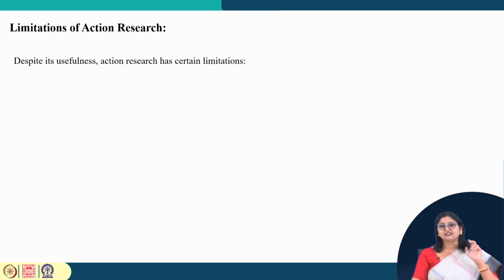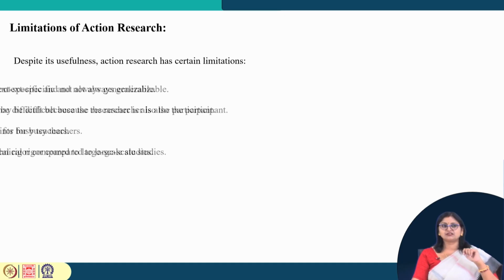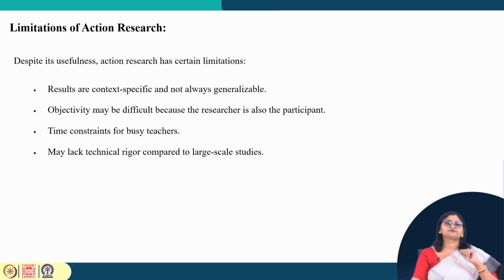So, every research has its limitations, and action research also has some limitations. What are those limitations? These results are context specific and not always generalizable, and they are small researches, problem oriented, for a small space, individualistic, that is why they are not generalizable.